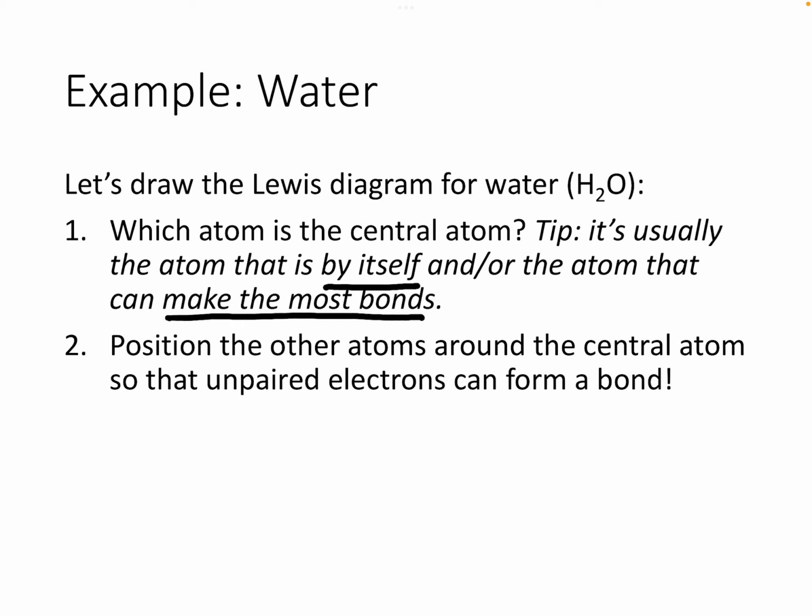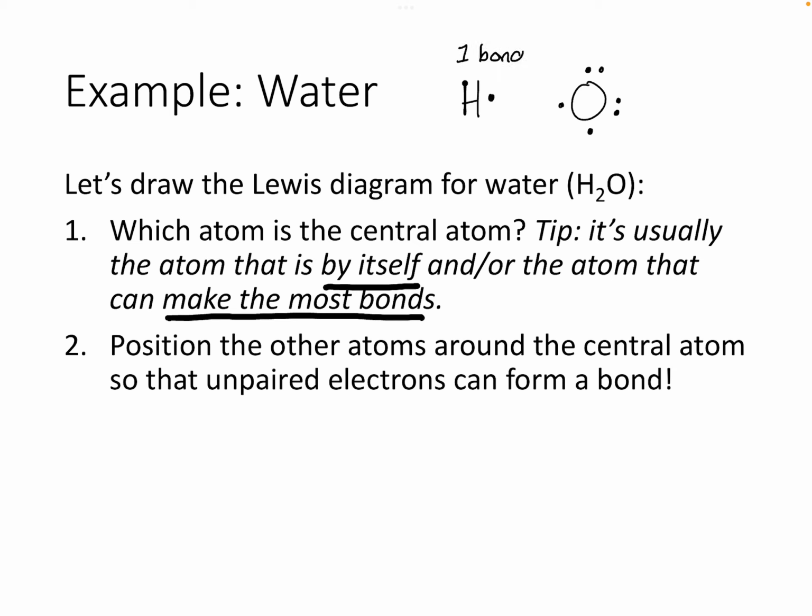So if we compare hydrogen to oxygen, we know hydrogen is in group 1 of the periodic table, so it has 1 valence electron, and that means it can only make 1 bond. We just saw that oxygen is in group 6 of the periodic table, so it has 6 valence electrons, and it has 2 unpaired electrons, so it can make 2 bonds.